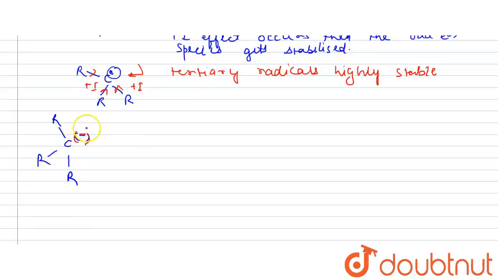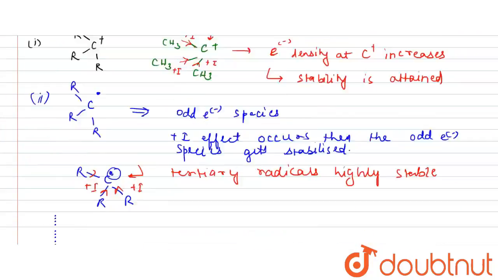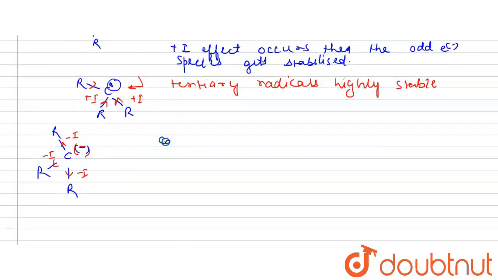It already has an excess of electrons, since the negative charge on carbon means excess of electrons. If any minus I effect group is attached at these substituted positions, then definitely this will stabilize it, because already it had excess of electrons, but when minus I effect occurs, electron will be withdrawn. Electron is withdrawn in case of minus I effect, so definitely the carbanion attains stability.